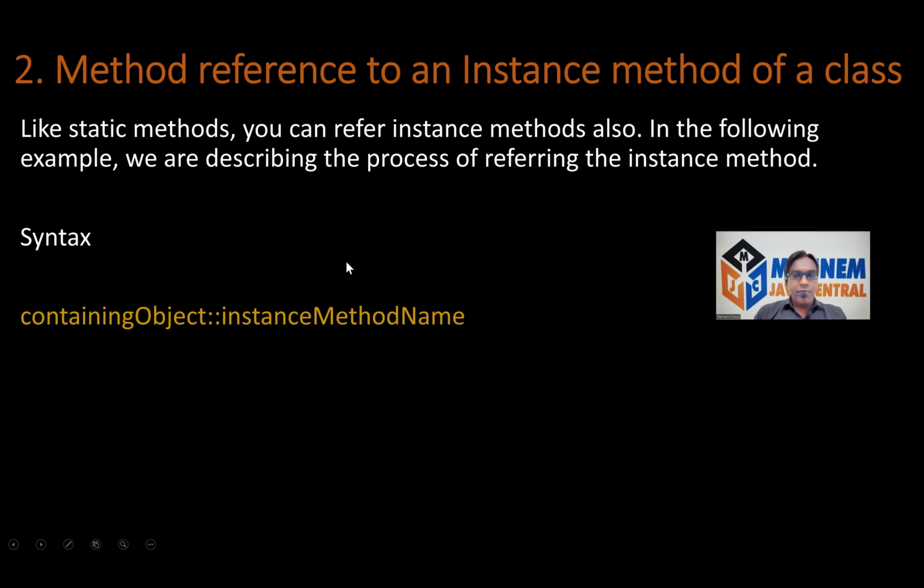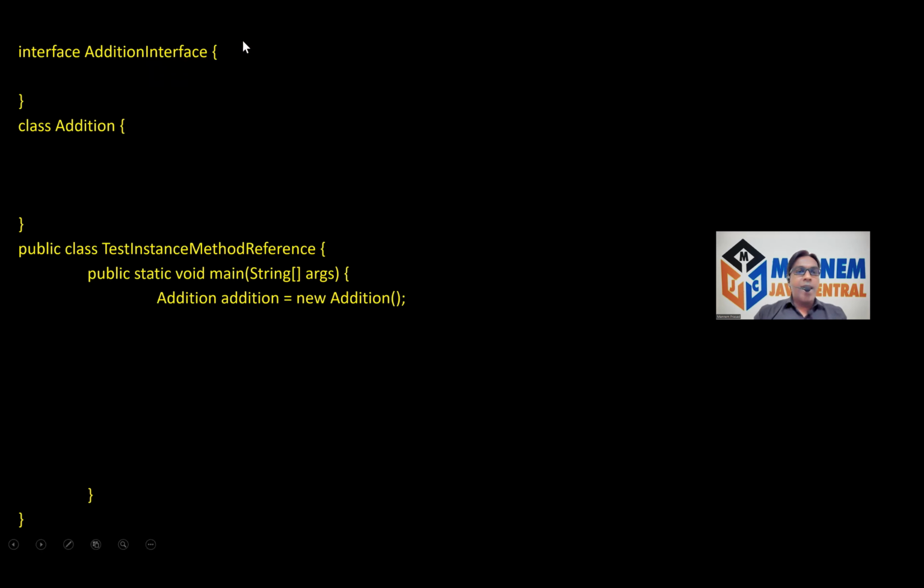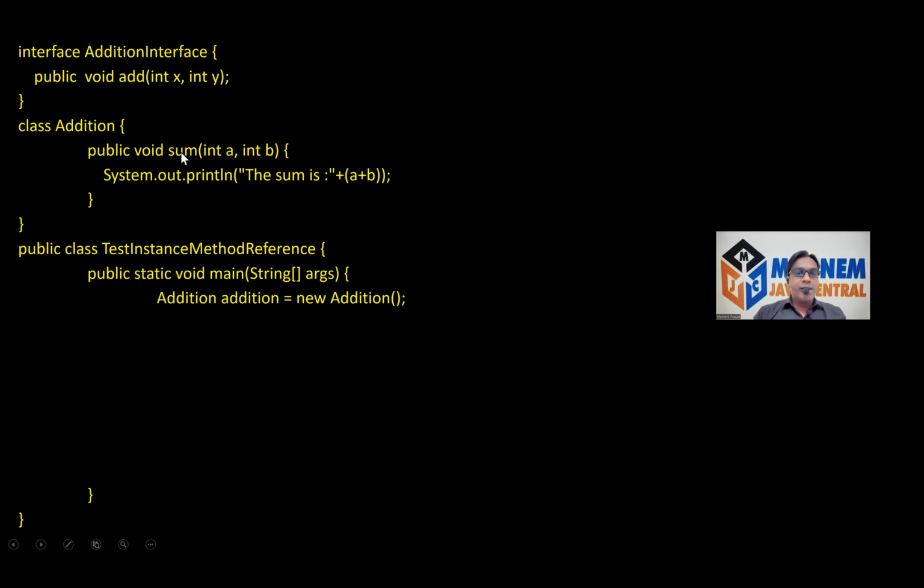See the small snippet of code. I have a functional interface, the addition interface. In this interface, I have one abstract method add, which is taking 2 parameters. And I have one more class which has a reference method. This reference method is sum, and it has a provided implementation.